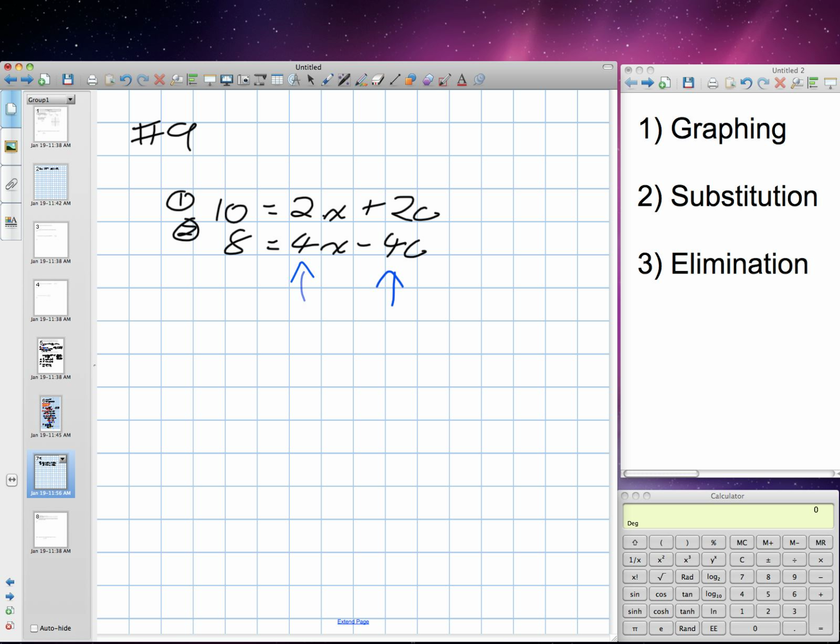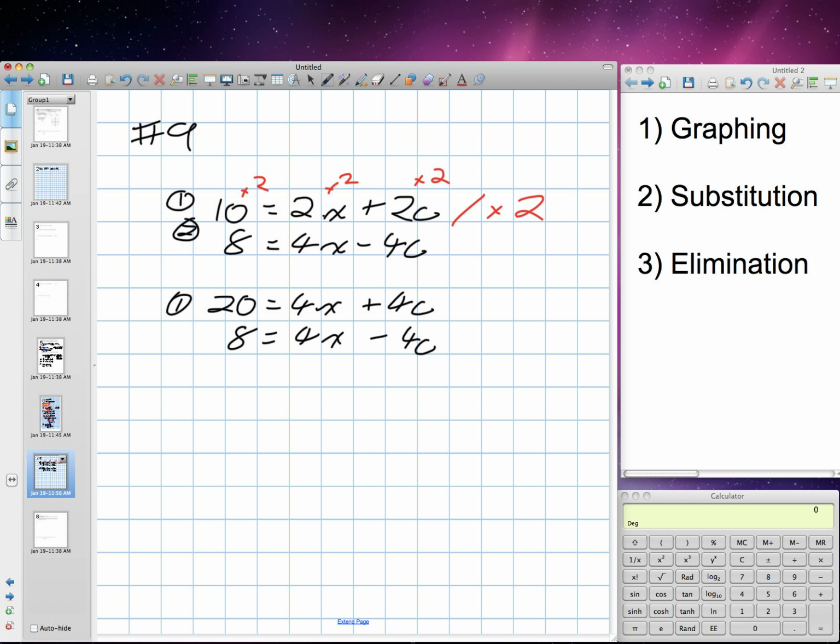So I only need to multiply the very first equation by 2. Then both coefficients will be the exact same. So equation 1 will now read 20 is equal to 4x plus 4c, and 8 is equal to 4x minus 4c.